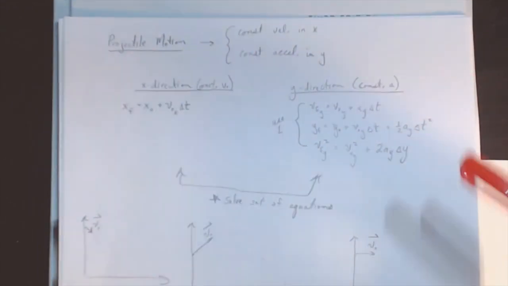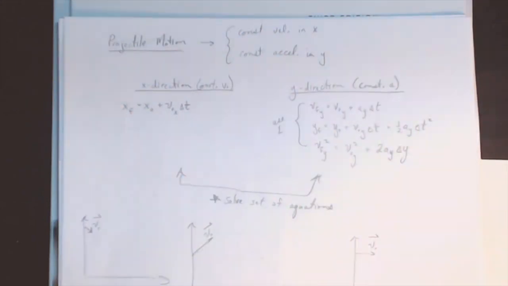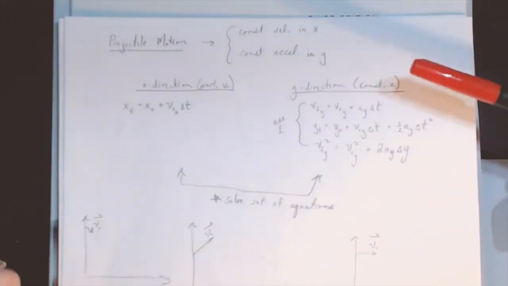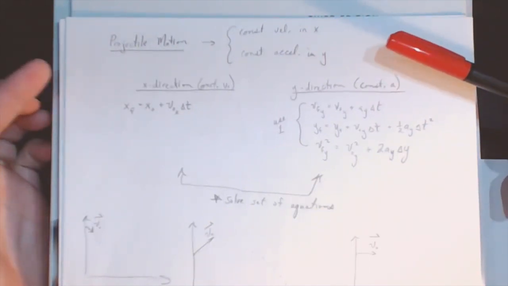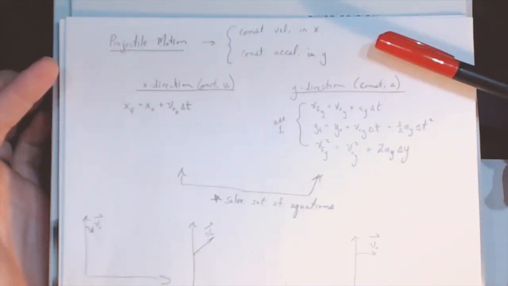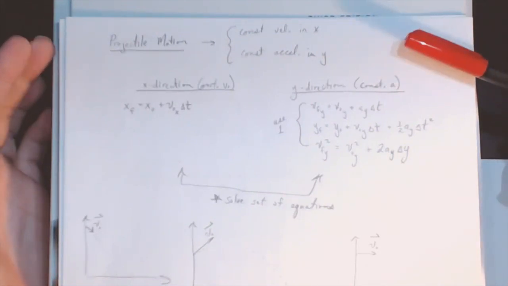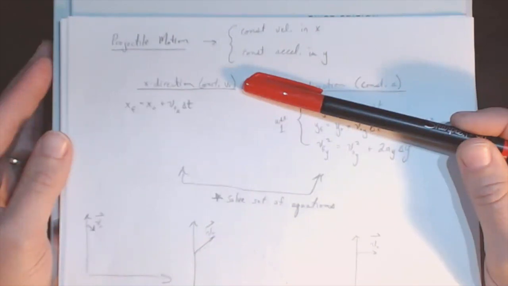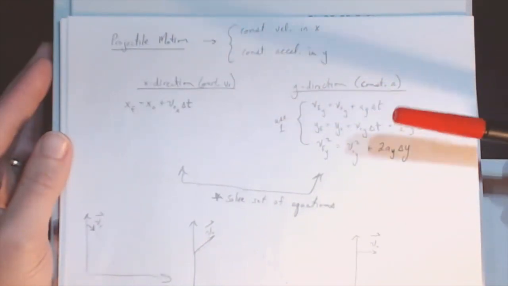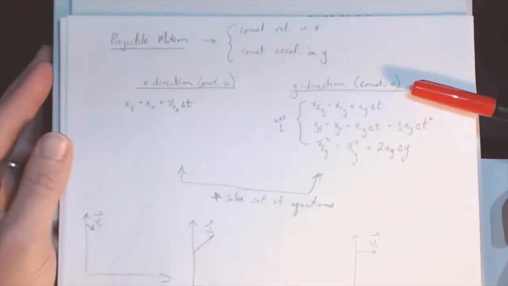We moved on to 2 dimensions and used our equations of motion in the x and y direction independently for something that's moving in 2 dimensions. In the case of projectile motion, we have constant velocity happening in the x direction, and we have constant acceleration happening in the y direction.